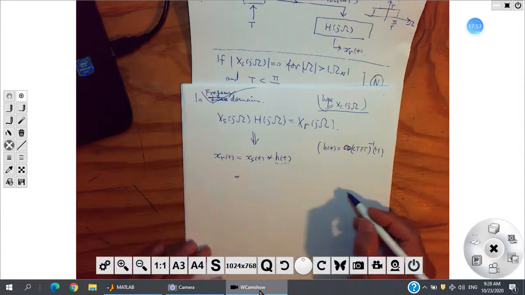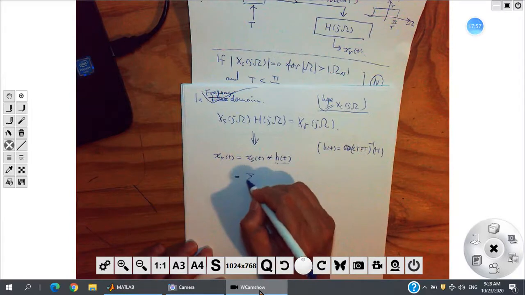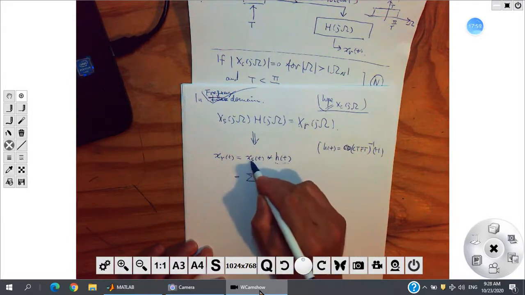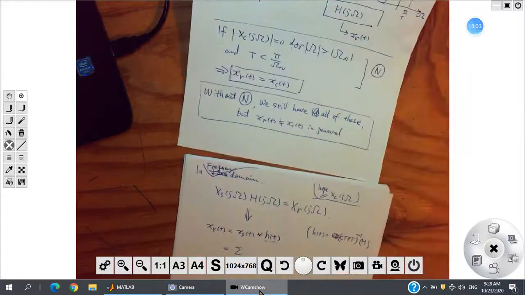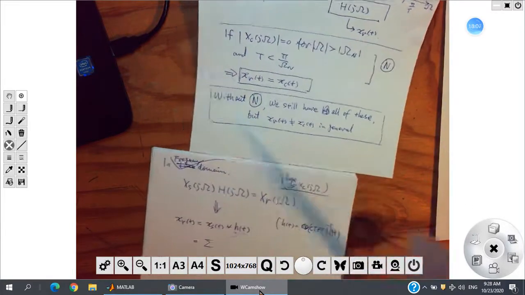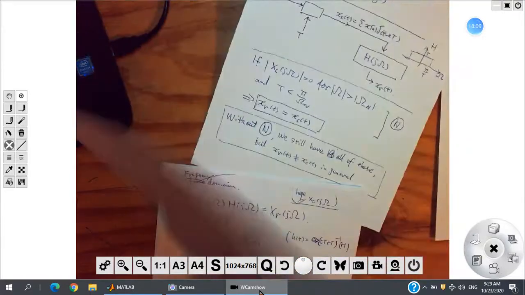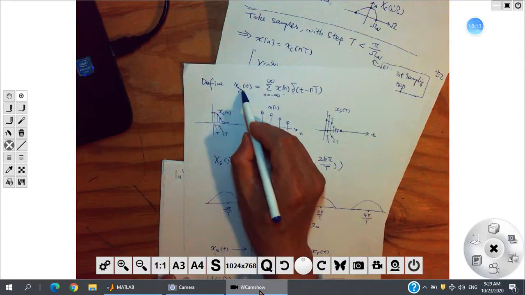By some calculation, I don't go over the process. What is xs of t? Xs of t is this one.